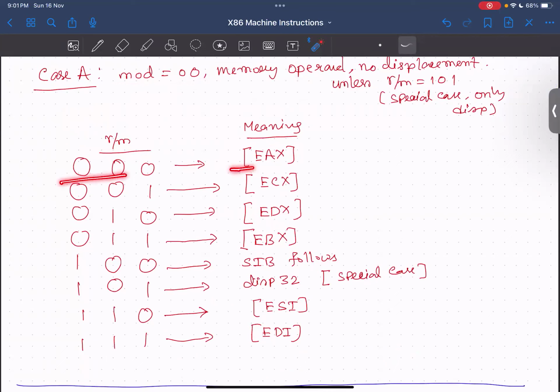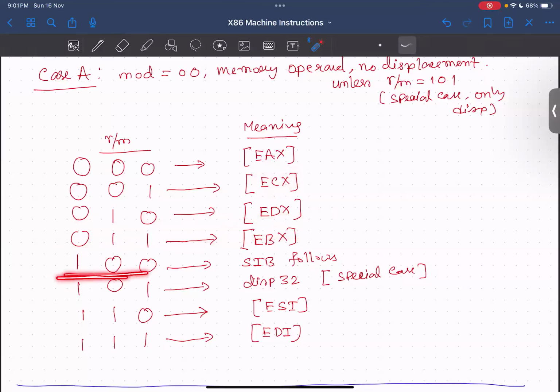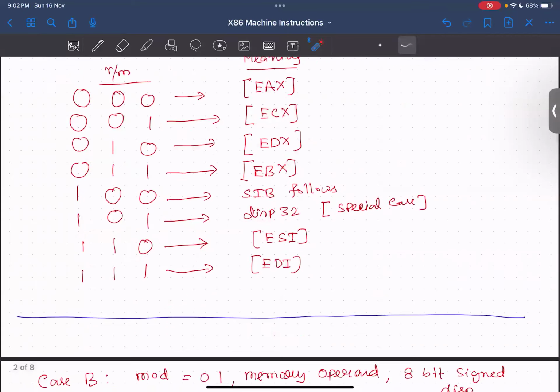So 000 looks something like this, 001 looks like this, because these are the base registers, EDX, EBX, and there is this special case. If it is 100, then a scale-index-base byte will come after this ModR/M byte. And if it is 101 with mod 00, it's a special case. The whole address is in the 32-bit displacement value. 110 for ESI, 111 for EDI.